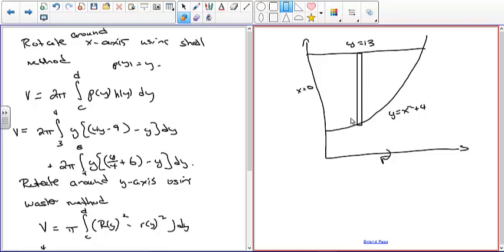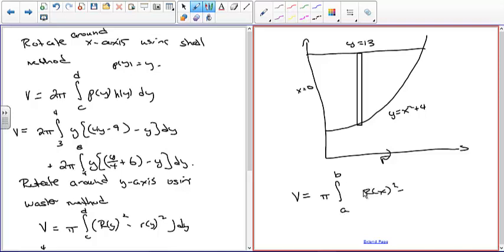So just write that equation down. Okay, so that's the one you should have picked. Notice we're integrating with respect to x because we're going to stack those washers up in the x direction.